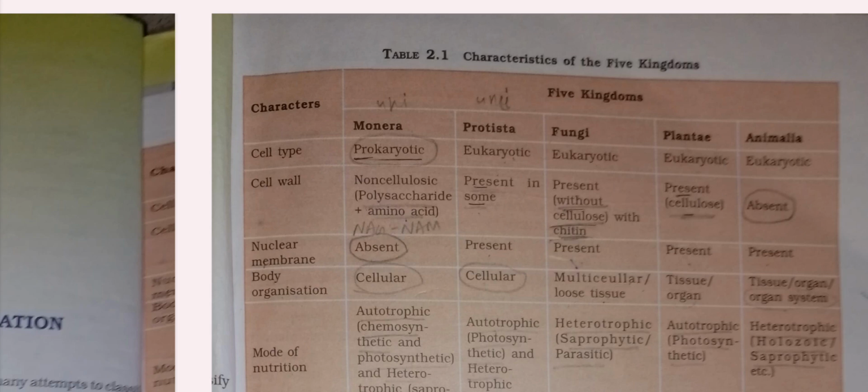In eukaryote, it is present but somehow, not present fully. And in fungi, it is present but cellulose is not present. It is made up of only chitin. Chitin, it is a protein.